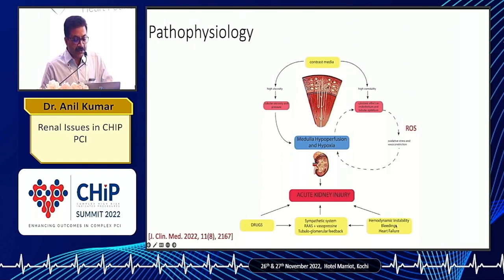And the activation of the sympathetic nervous system, RAS, and tubuloglomerular feedback leads to, again, vasoconstriction, contributing to the medullary hypoperfusion. Concomitantly administered drugs can also produce acute kidney injury. So, contrast-associated acute kidney injury is produced by a host of concomitant factors rather than by contrast media alone. There are multiple factors that are involved.